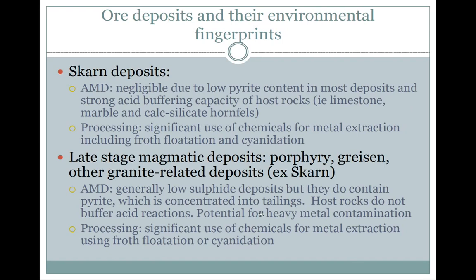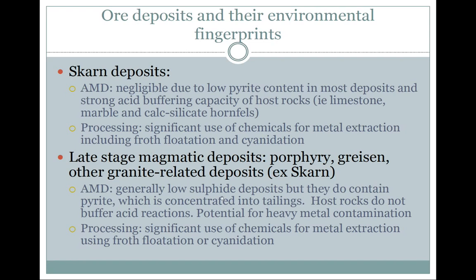Skarn deposits, negligible AMD. They have low pyrite content and they have buffering host rocks. Processing, significant uses of chemicals for metal extraction, including froth flotation and cyanidation. So that's where we have to be wary of contamination. Late magmatics, so porphyry, greisen, and other granite-related deposits.